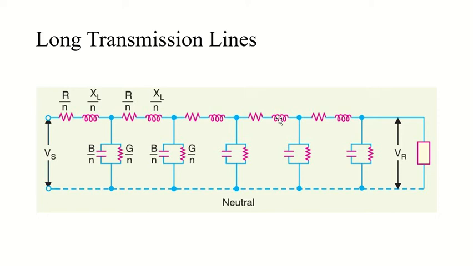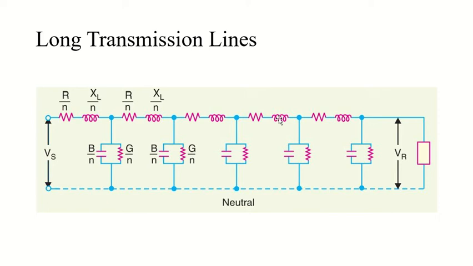I mean the values we will find will have some serious errors in the performance calculations only. So in order to obtain a fair degree of accuracy in performance calculation of long transmission lines, the line constants are considered uniformly distributed throughout the entire length of my line.